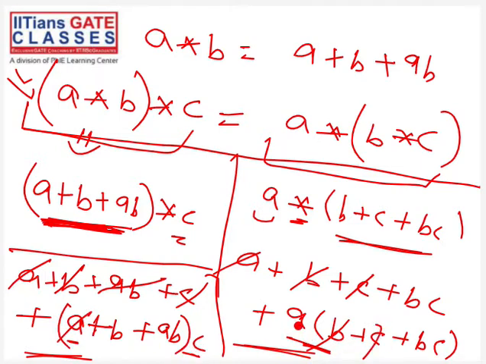Now from here we will get abc, and we can get that abc from here also, so we can cut it out. Now we got bc here and bc here. So finally both sides are exactly equal. So yes, this star operation is associative.